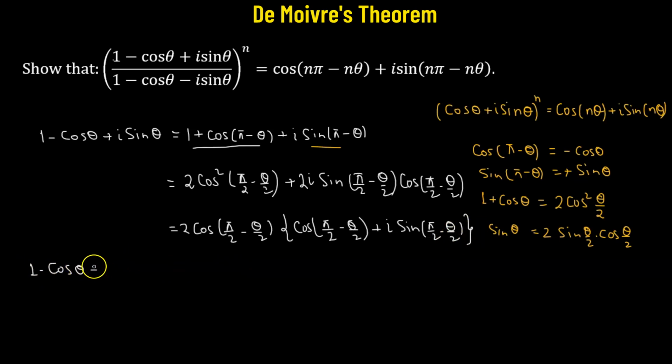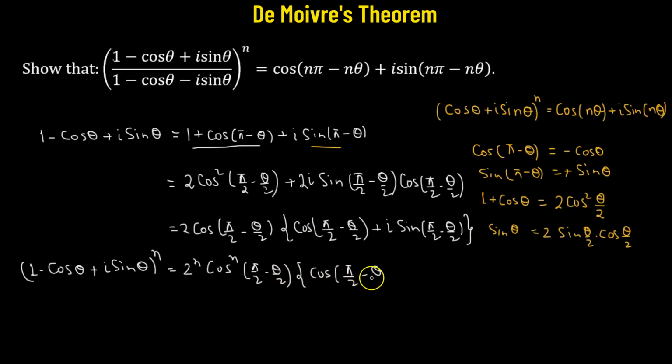So we have (1 minus cosine theta plus iota times sine theta) raised to the power of n, which gives 2 raised to the power of n times cosine raised to the power of n of (pi over 2 minus theta over 2), and this entire expression, cosine of (pi over 2 minus theta over 2) plus iota times sine of (pi over 2 minus theta over 2), whole raised to the power of n. We label this as number 1.